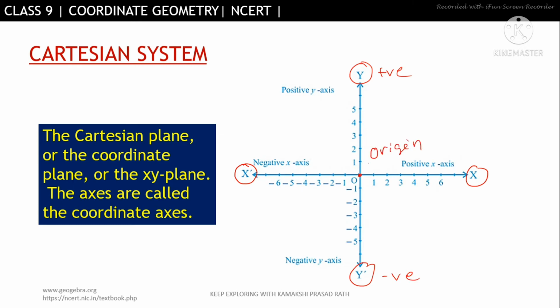So this total is called the Cartesian plane, and the axes that we have are called the coordinate axes. Axes is the plural form of axis. Since we have two axes, x axis and y axis together, they are called coordinate axes.